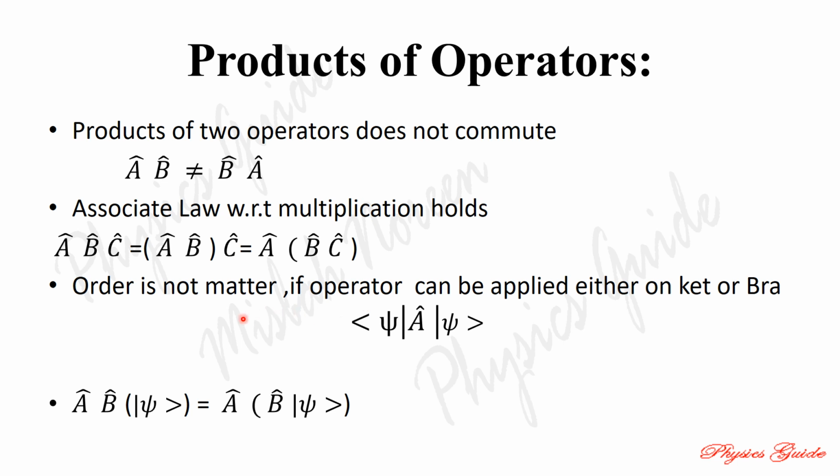But for the state function, or wave function, the order of the operator matters, and we write the operator on the left side of the function. If we multiply operators A and B, the product of A and B with the state vector psi ket is equal to operator A applied after we first operate B on psi ket. Both are equal.